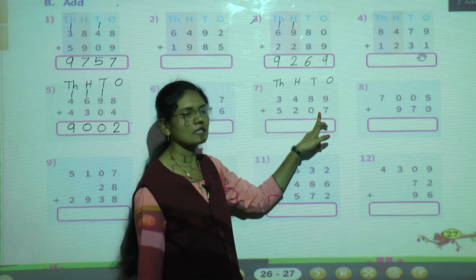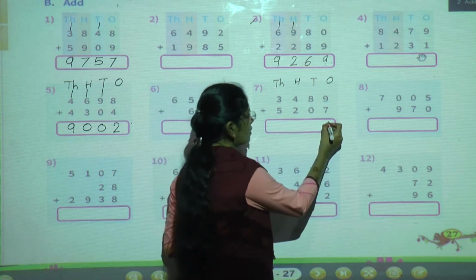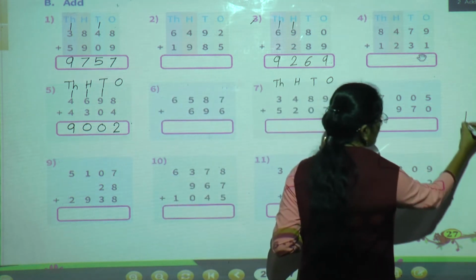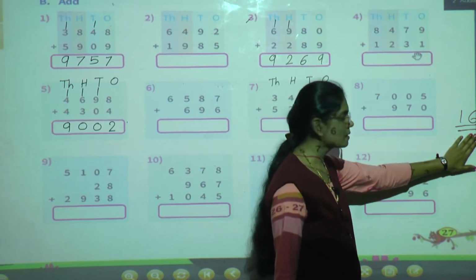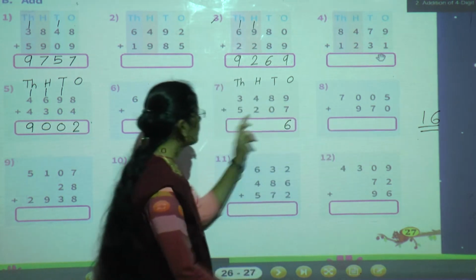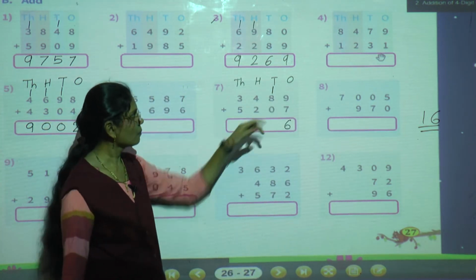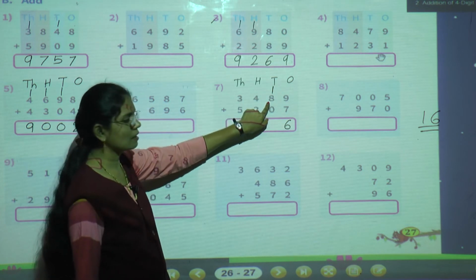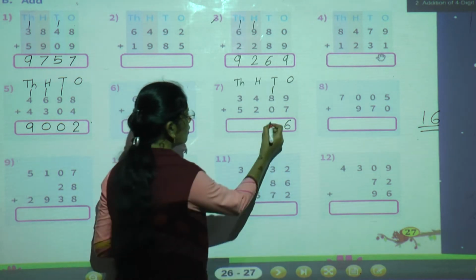Yes, 9 plus 7, do the addition fast. 9 plus 7, 16. Now 16 means 6 ones and 1 ten. So we will give 1 as a carry to the tens place. Now see 8, 1 plus 8, 9, and 9 plus 0, 9.